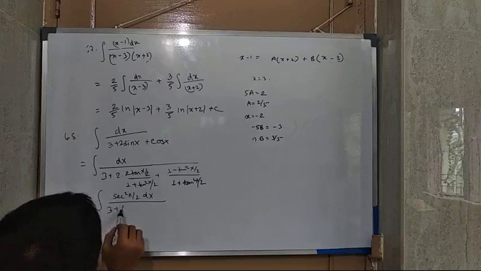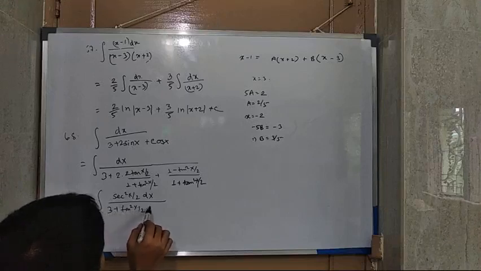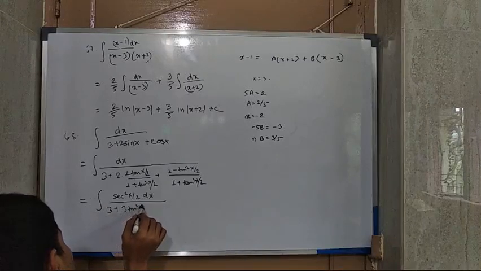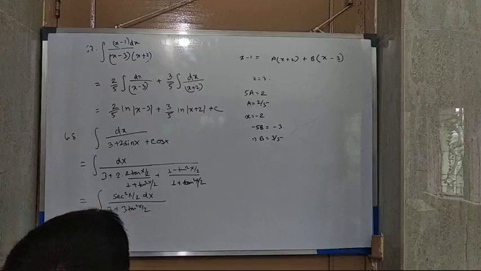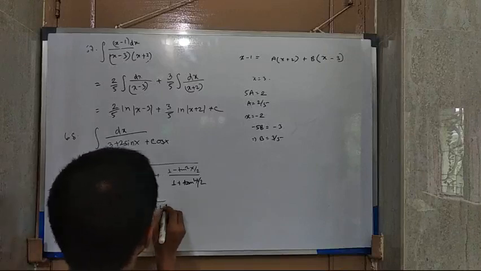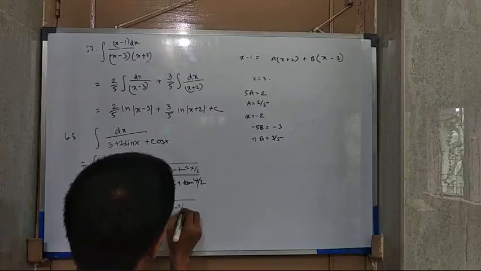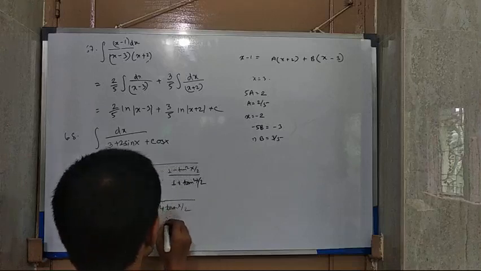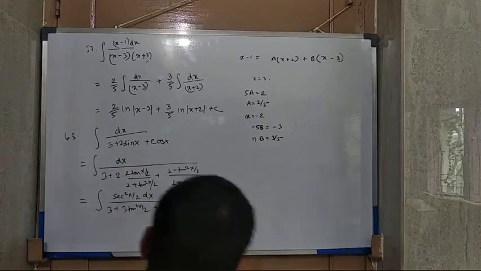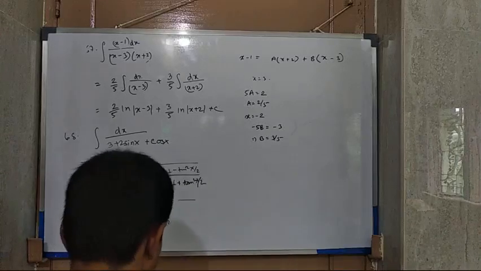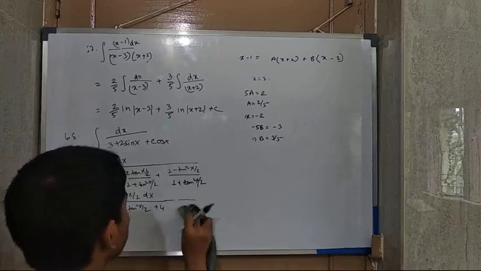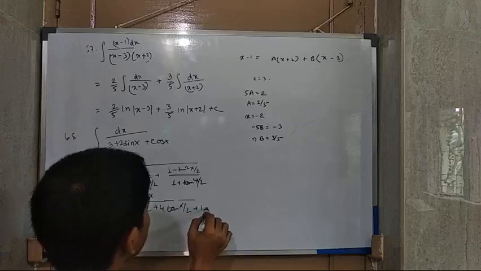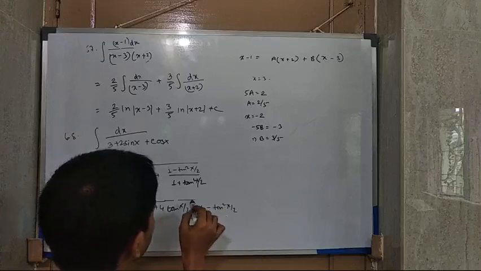This is 3 plus 3 tan squared x by 2 plus 4 tan x by 2 plus 1 minus tan squared x by 2.